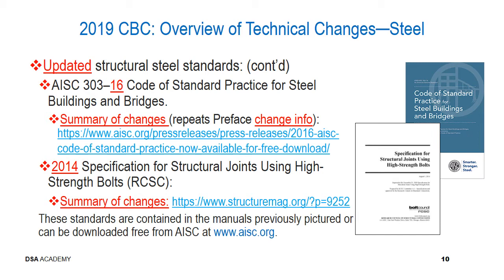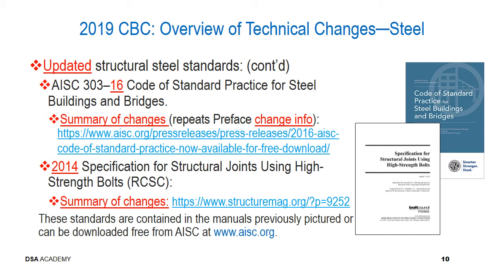Continuing on with the updated structural steel standards, there's also a new one for AISC 303 2016 compared to the 2010 version, and that's the Code of Standard Practice for steel buildings and bridges. You can find a summary of the changes, which generally just repeats the preface information and the link provided.